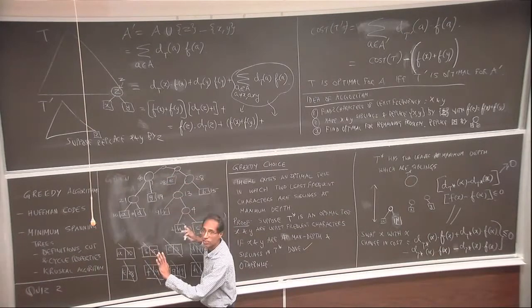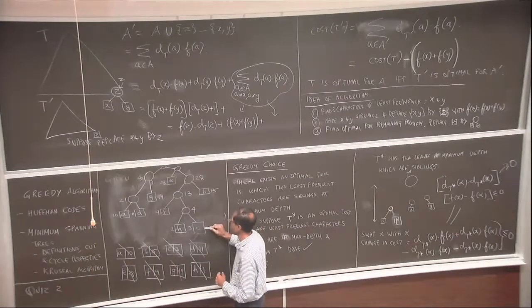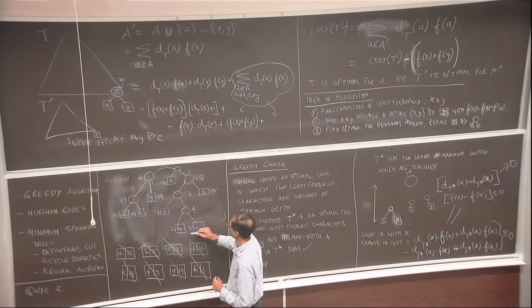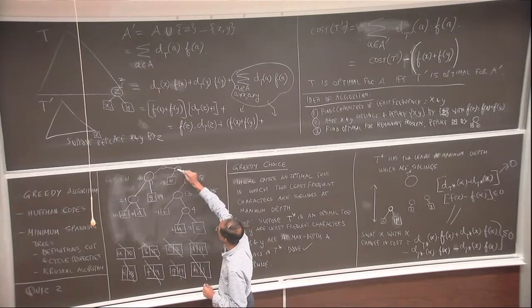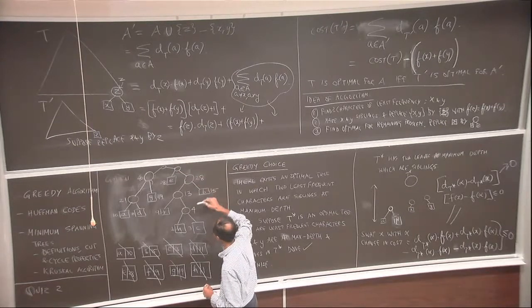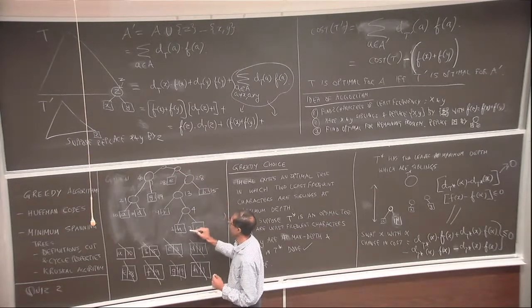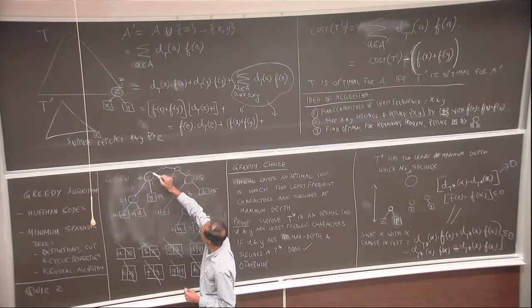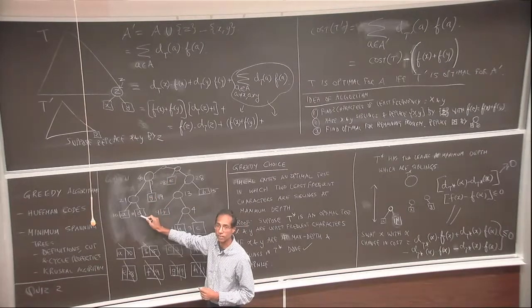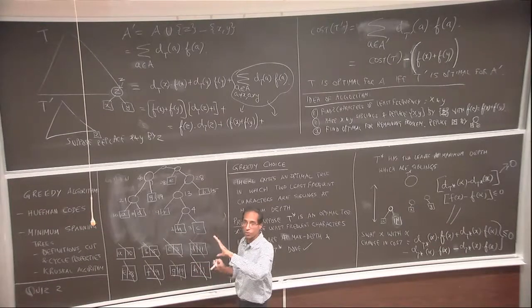So this is not a balanced tree. If you look at the depth of C and H, that is 1, 2, 3, 4, 5. Their depth is 5, while this depth is 1, 2, 3. This is only 3. So it is fairly skewed.